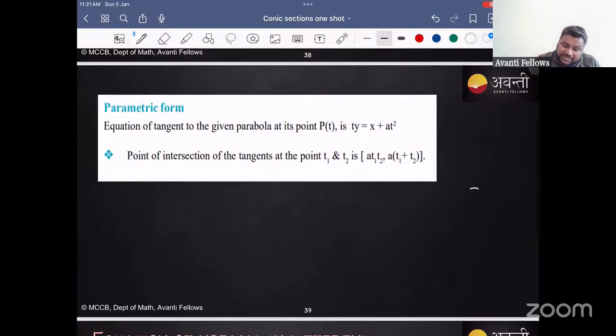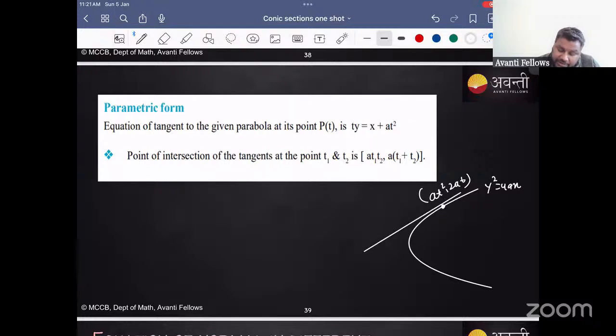Now, tangent in parametric form. If this is the parabola y square equals 4ax, and there is a point on it, say (at square, 2at), which is the parametric point, the equation of tangent can easily be written like in the point form.